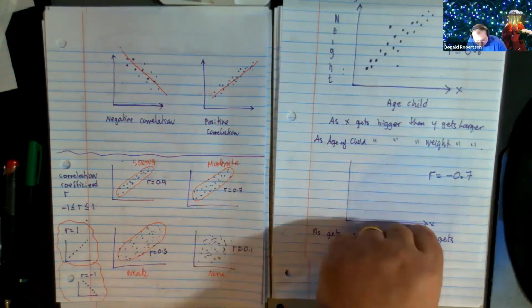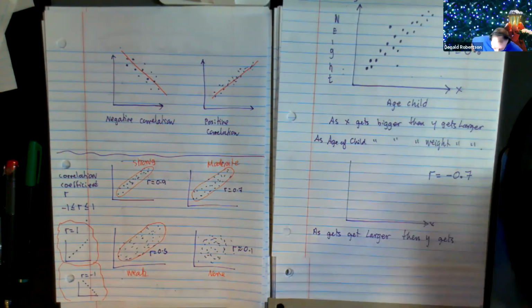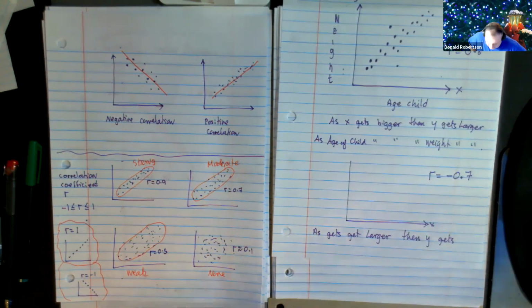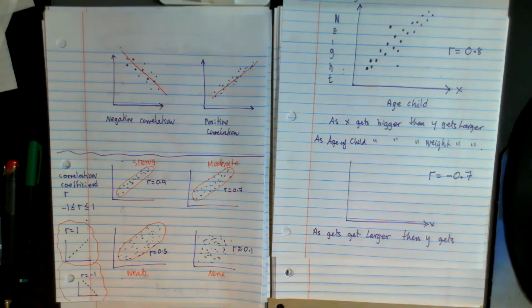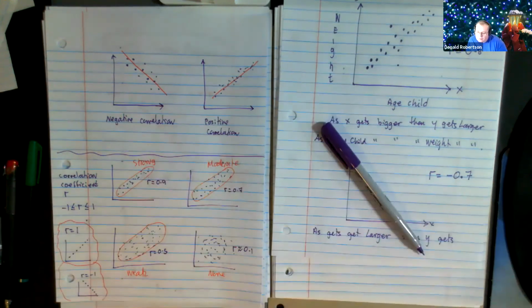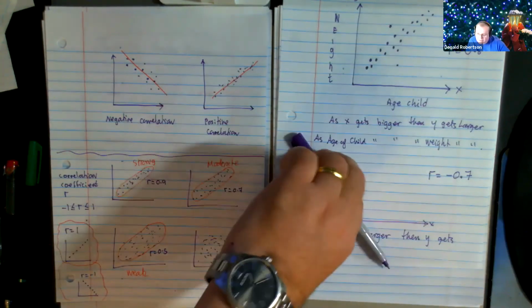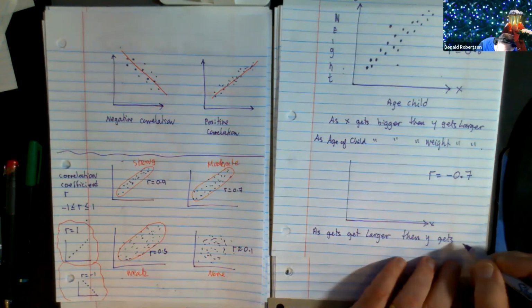As x gets larger, what will happen to the y value if the correlation coefficient is a negative number like -0.7? Will it get larger or will it get smaller? Smaller. Right. And the reason for that is if it's a negative R, doesn't that mean it points downhill? Remember, positive R's point uphill, negative R's point downhill. And so it gets smaller.